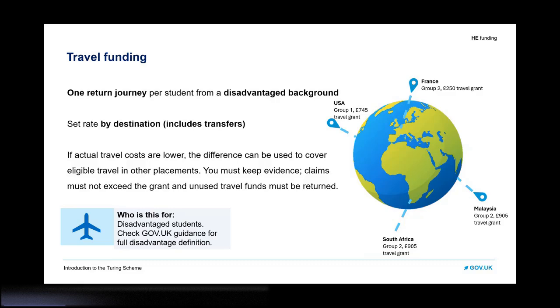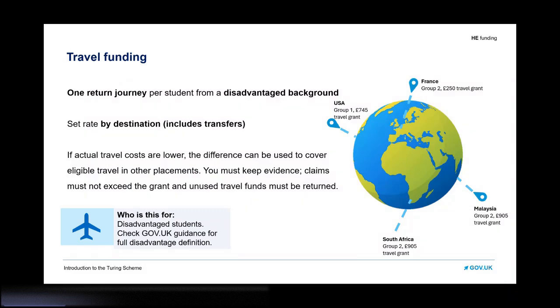If during the delivery of your project you need to change the destination, your funding will be capped at the rate of the destination as applied for and funding assessed. So if you were to move a participant to a country with a higher travel grant rate, your overall travel grant will not increase.